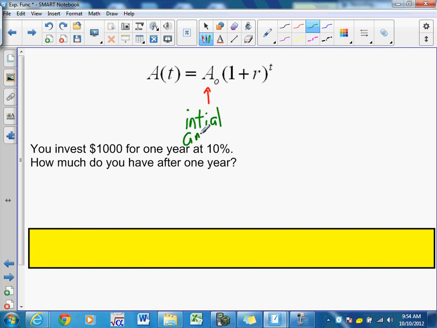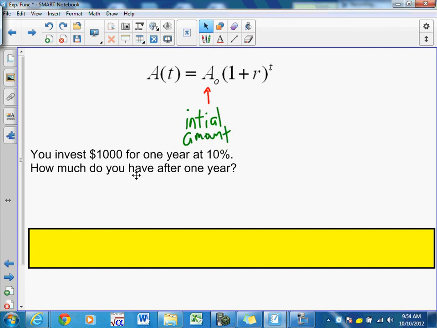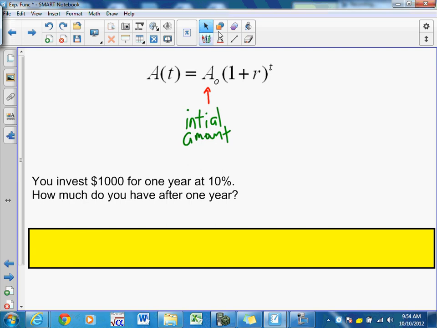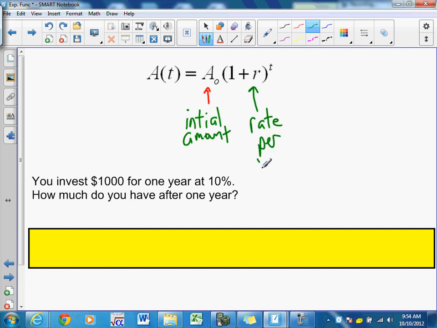This r is my rate per year. And this t is my time in years.